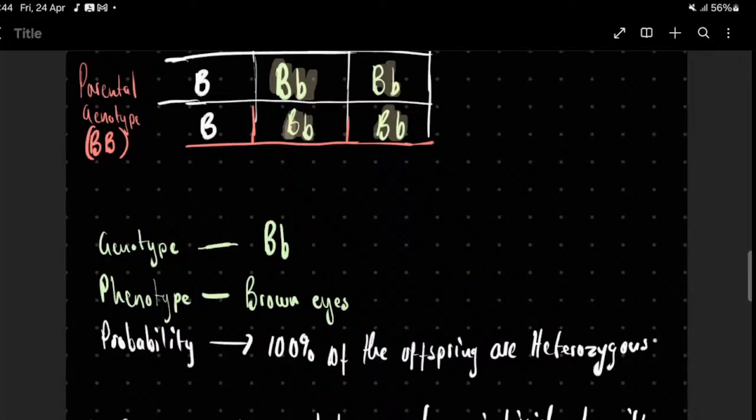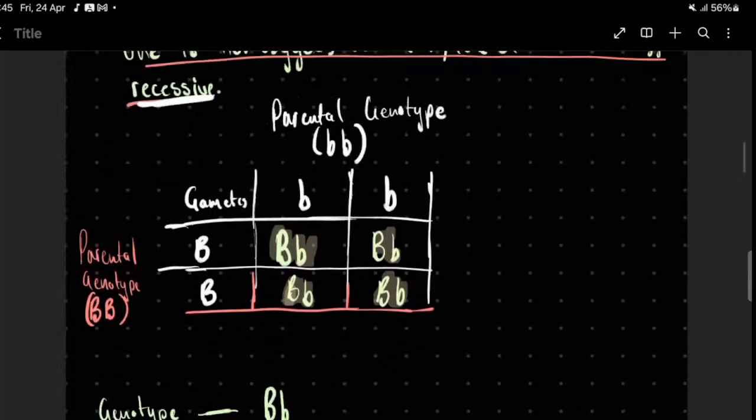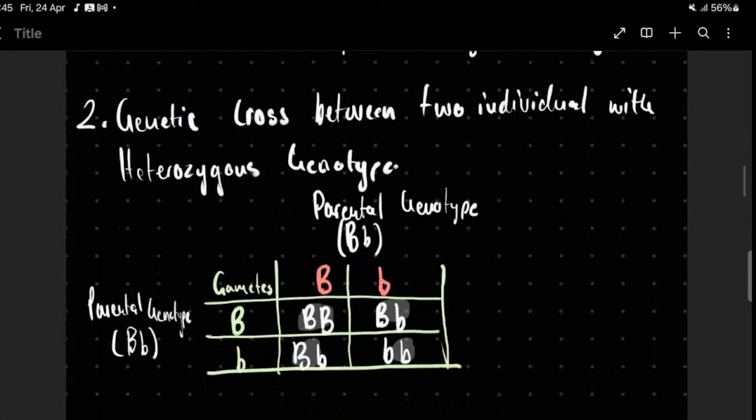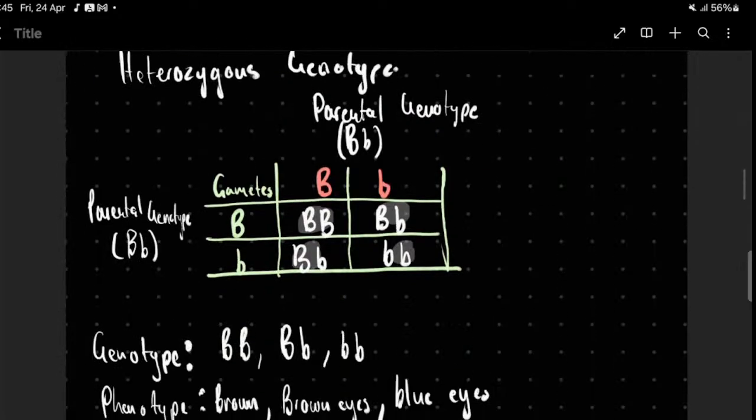Guys, can you see that yesterday when we crossed 2 homozygous parents that were different, all the offspring were heterozygous? Okay. What about here? When we crossed 2 heterozygous parents, what did we get? A 1:3 ratio, right?